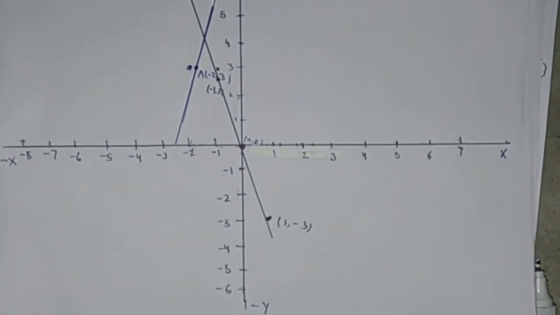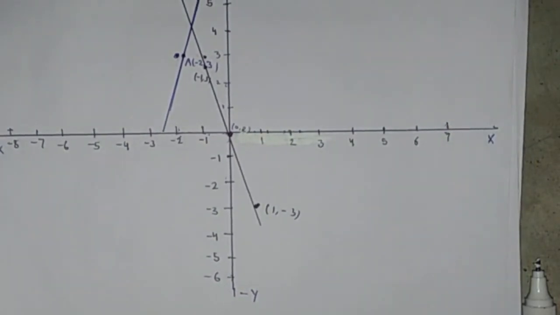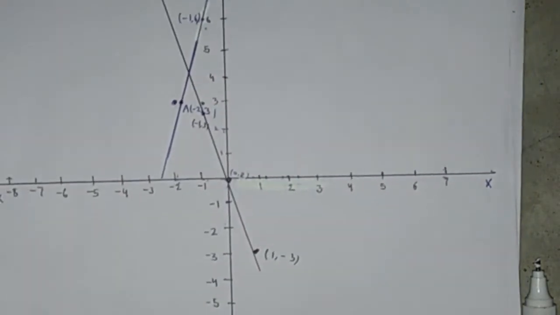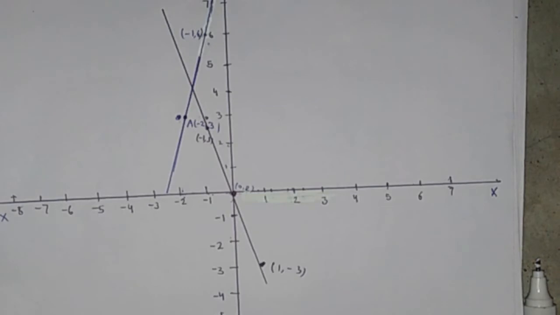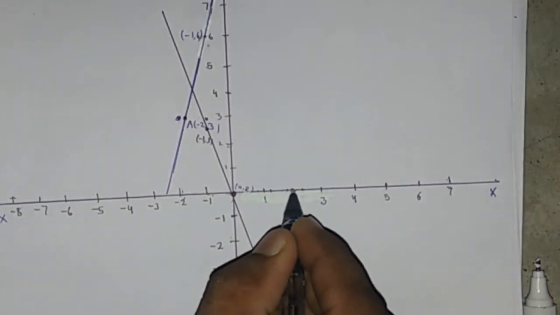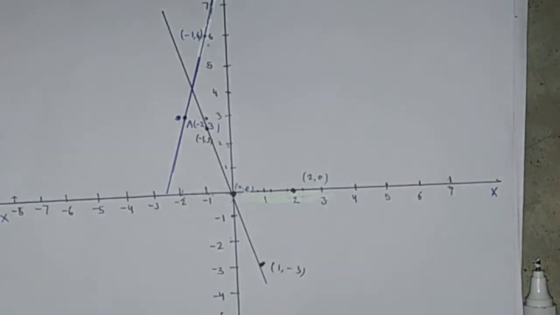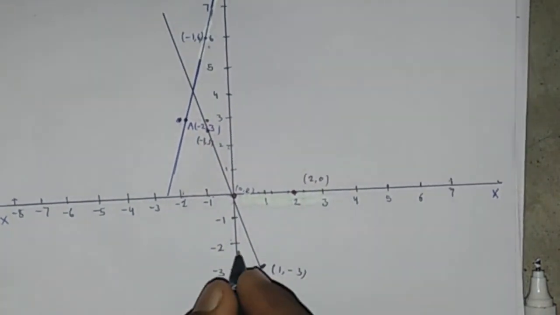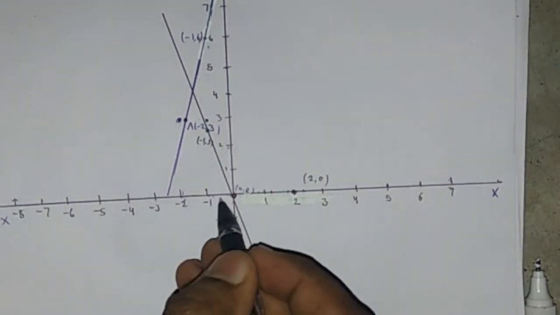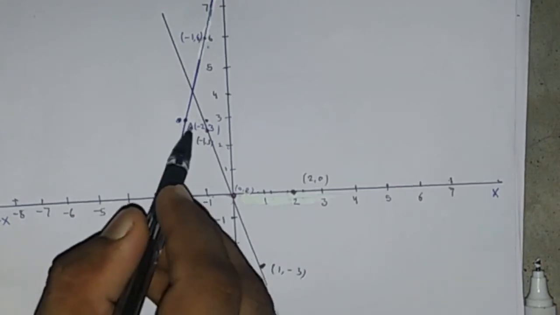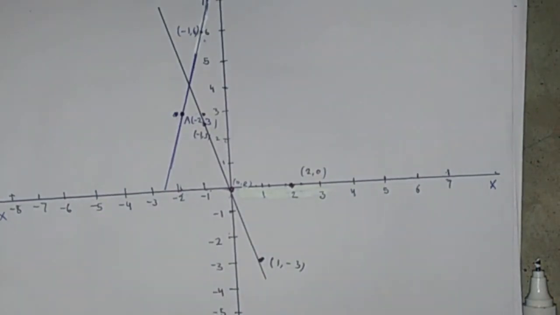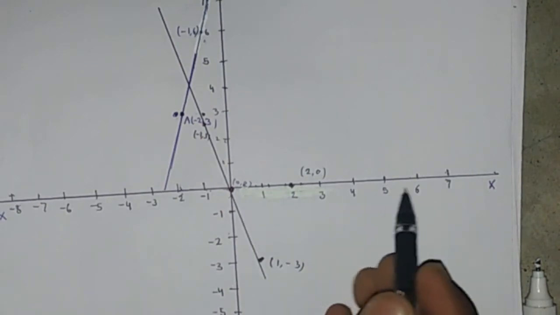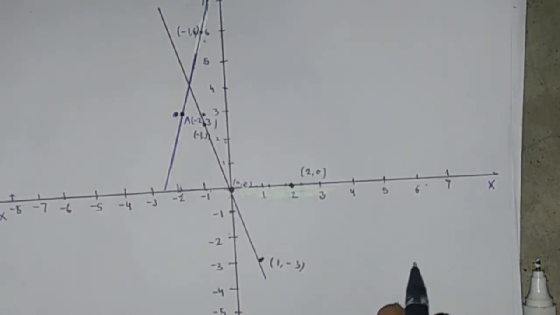Now third line: 2 comma 0, minus 2 comma 3, 6 comma minus 3. You have to plot these points on graph paper so that you get an accurate diagram of these lines. 2 comma 0 is this point, minus 2 comma 3, x equal minus 2, y equal 3 is this point, and 6 comma minus 3 means x equal 6 and y equal minus 3.